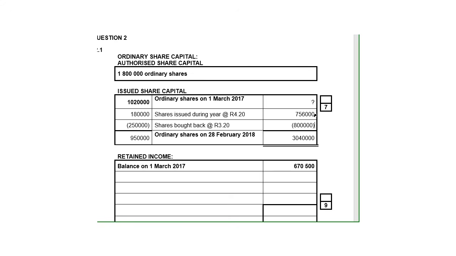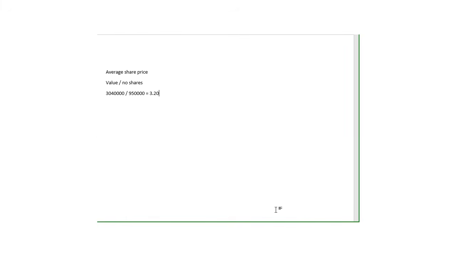So I've got everything but the opening balance. I've got everything except for one, so I can work back to get to the missing one. I start with the answer, 3,040,000, and do the opposite. So 3,040,000, not minus, but plus 800,000 minus 756,000. Let's just work it out.